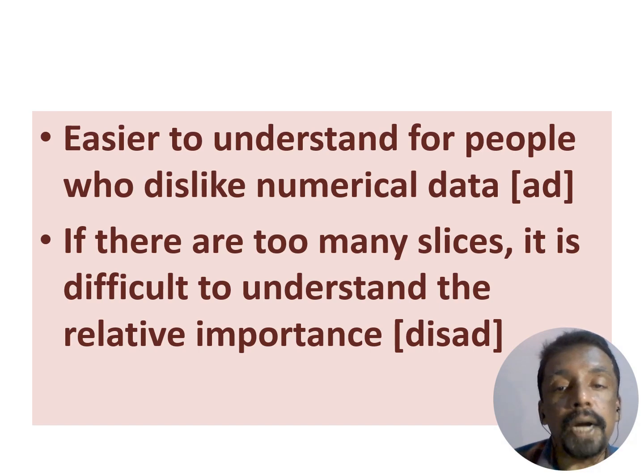It's easier to understand for people who dislike numerical data. If there are too many slices, it is difficult to understand the relative importance. That's a disadvantage of using a pie chart.